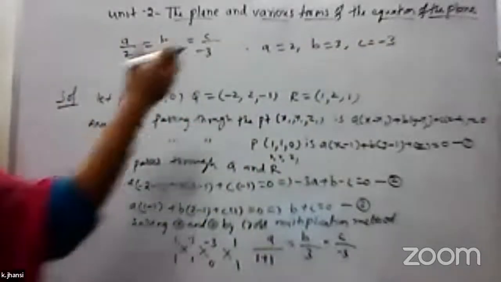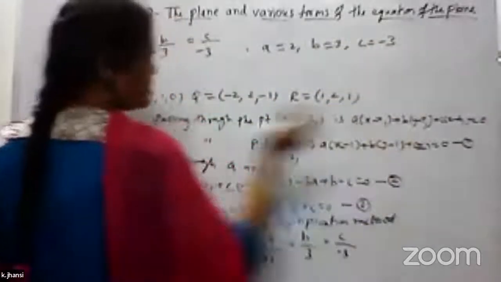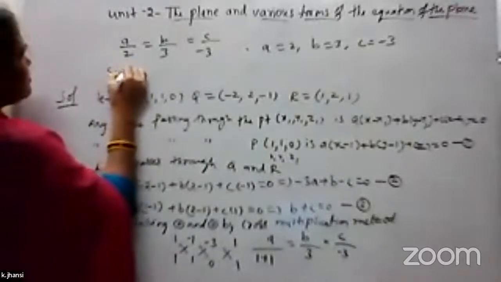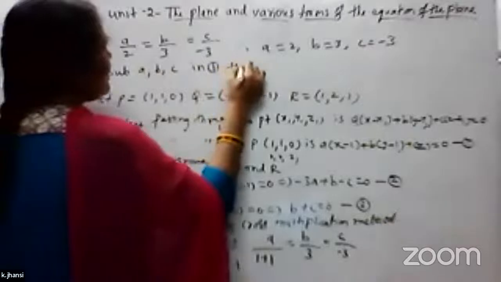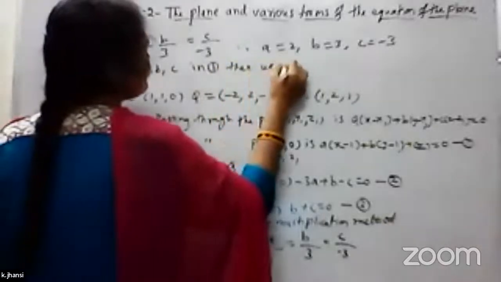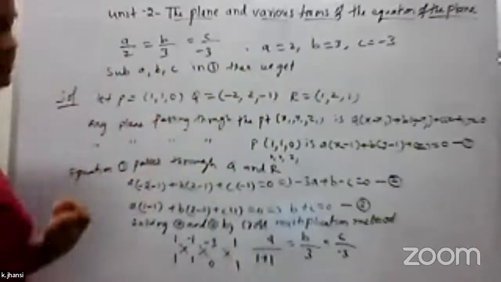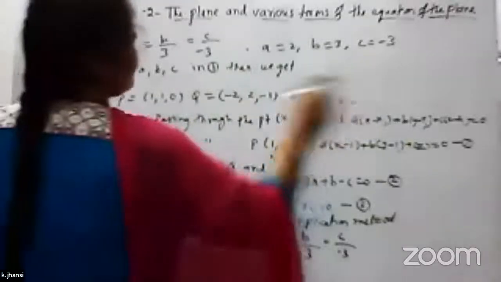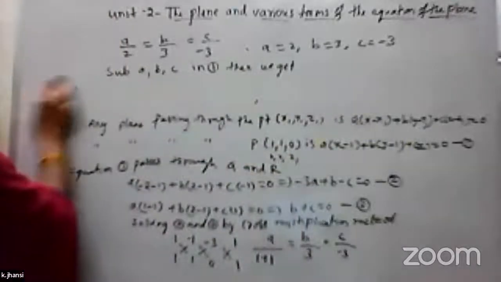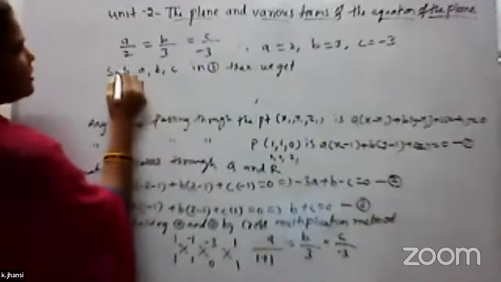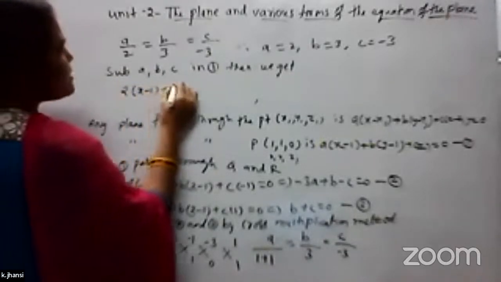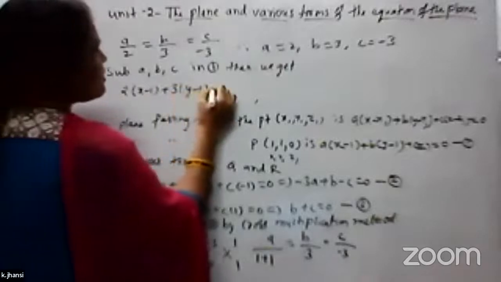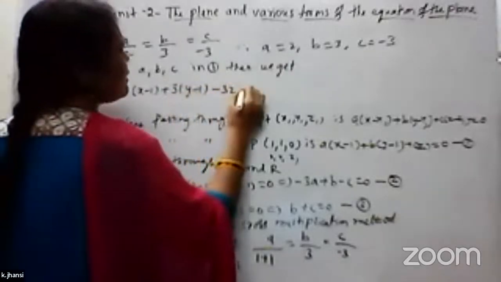Now substitute these a, b, c values in equation 1. Then we get 2 into (x - 1) plus 3 into (y - 1) minus 3z equals 0.